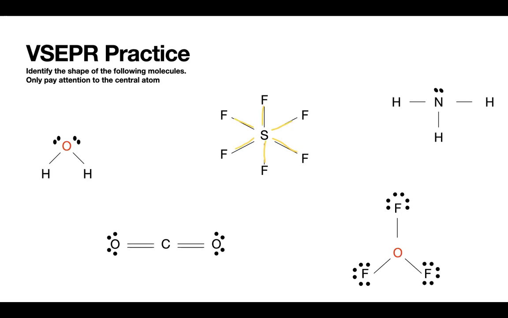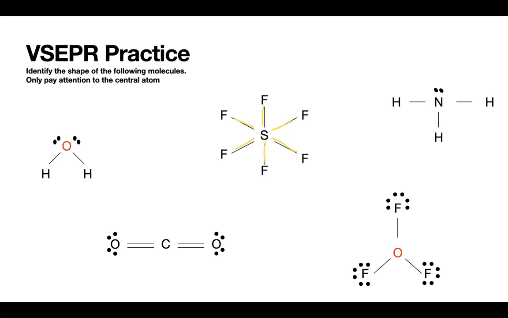So how many lone pairs do we have? 0. So if we have 6 electron densities and 0 lone pairs, what would be our electronic geometry? Octahedral. That would be correct. So 6, 0, octahedral.